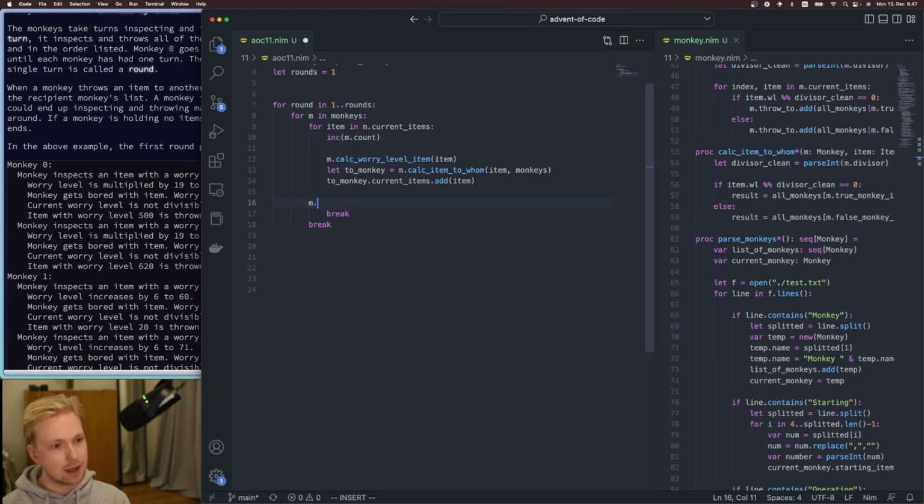Now we're echoing the monkey. We have to set m dot current items to an empty sequence, because we have to empty its current items. It has gone through all of them, and if we do it in the loop while we are looping over current items, I don't think that is even possible to do.